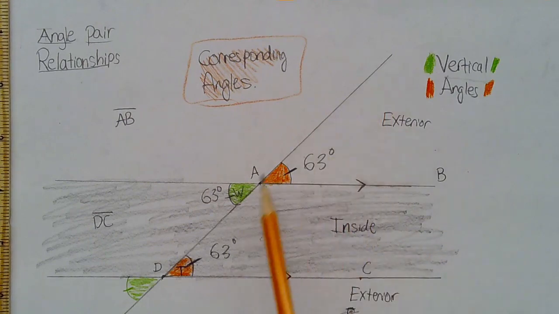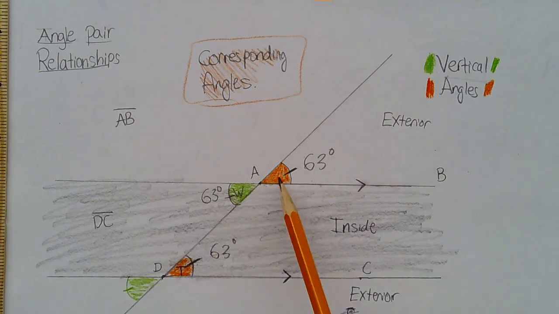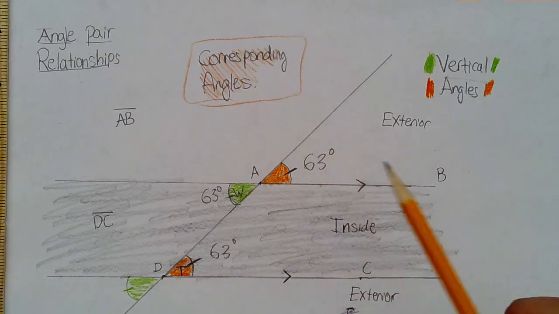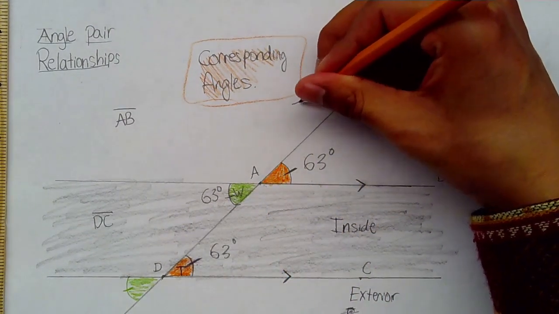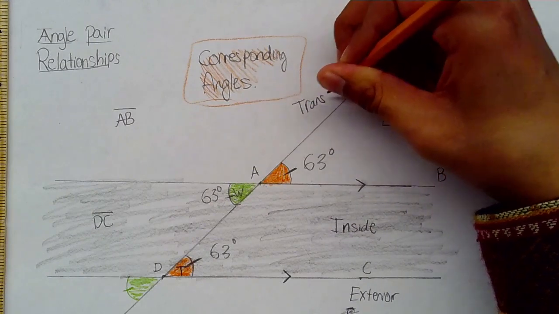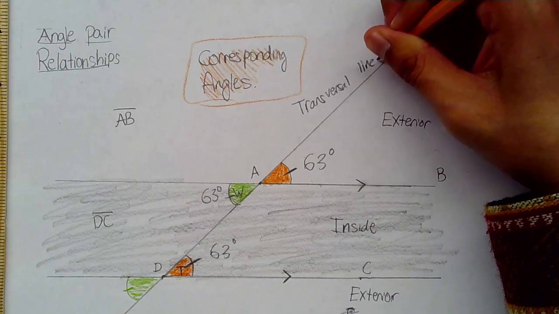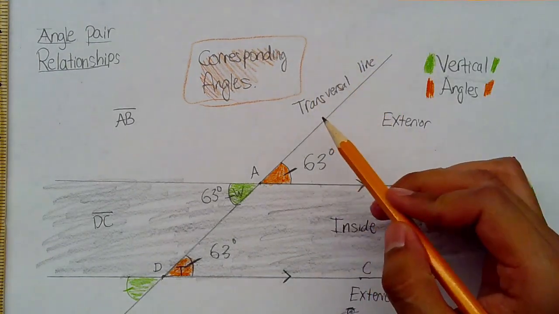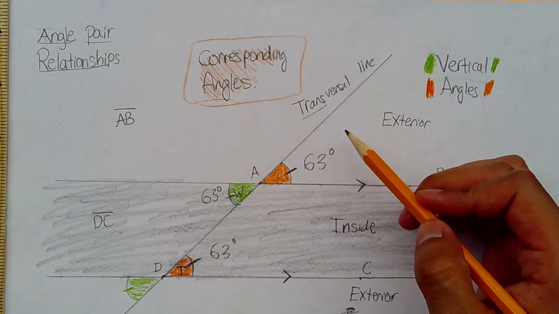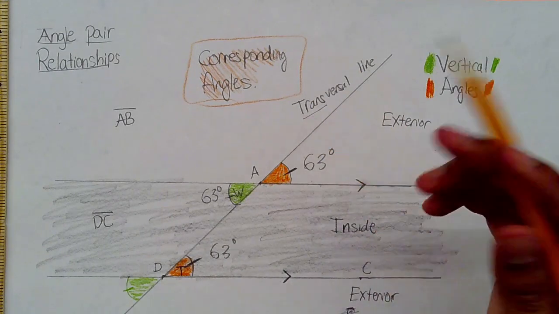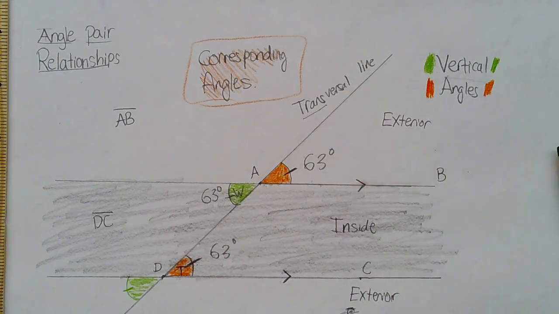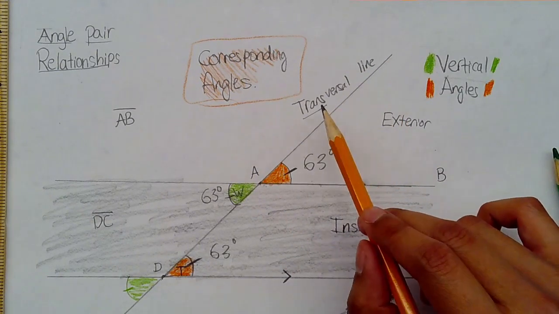And this line going across the top and bottom parallel lines has a special name. It is called a transversal. This is a transversal line. It has the prefix trans. I'm sure if you live in a home where you have one parent speaking a language and another parent speaking a separate language, you've had to translate between those two languages.